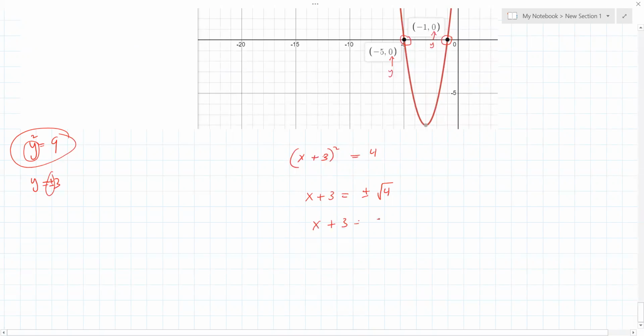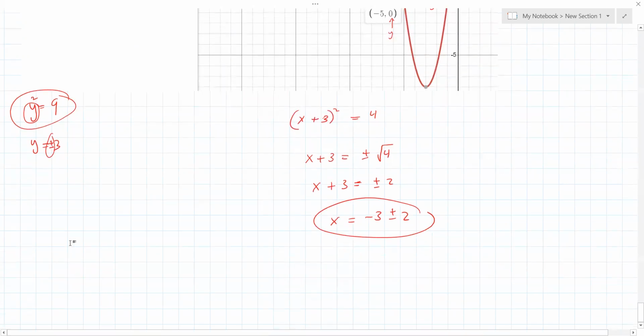So x plus 3 is equal to plus or minus 2. And now to get x isolated, I will subtract 3 from both sides. So negative 3 plus or minus 2. With this, I have two answers. First, I will add negative 3 and 2. So we get negative 3 plus 2, that's negative 1.